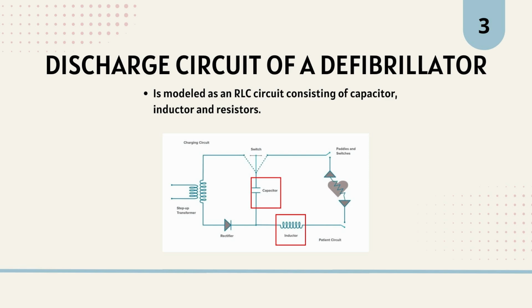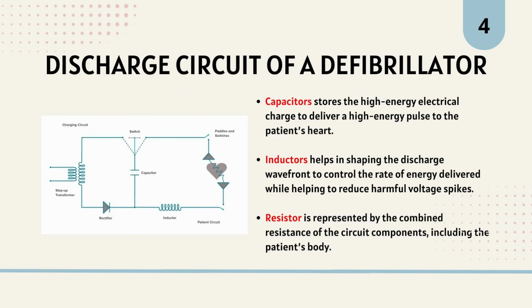As you can see from this slide here, the discharging circuit of a defibrillator is modeled as an RLC circuit consisting of a capacitor, an inductor, and a resistor. The capacitors of the discharging circuit store the high energy electrical charge to deliver a high energy pulse to the patient's heart.